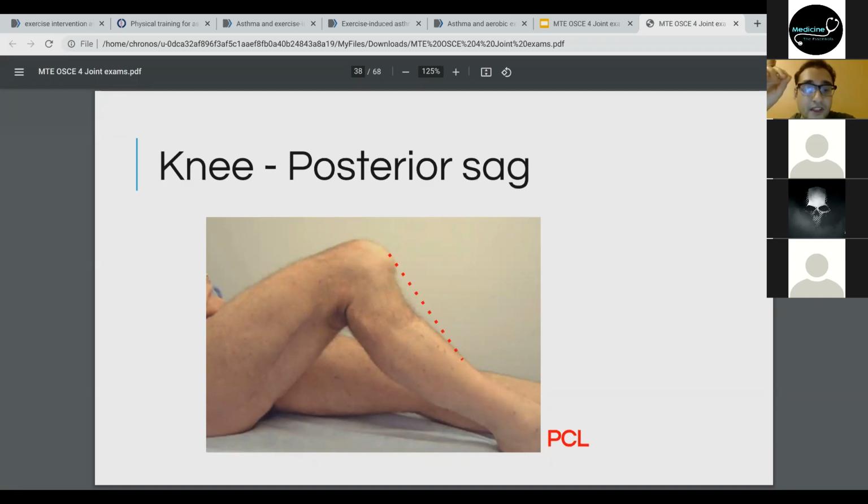So you can either test posterior sag with the patient's knee at 60 degrees and just watch the tibia fold backwards, or what you can also do is get the patient to straighten both legs and relax, hold both feet and gently lift. On the affected side, you'll see the knee cave back on itself, and that can be a really useful test because you're testing both sides at the same time and can compare to the normal. It's very rare that you'll have a both-sided cruciate ligament tear. You have to go through a pretty major trauma to have damaged both.